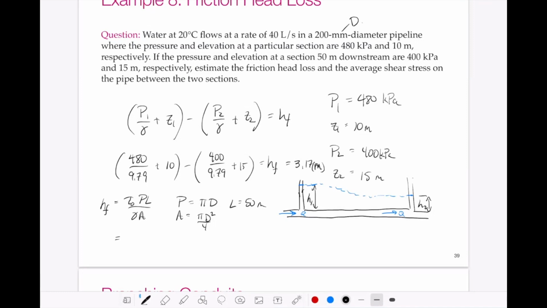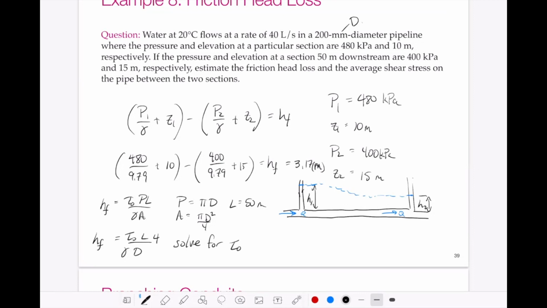So if we substitute this in, we would get tau 0 times L over gamma times D, and this is all over 4, so this top part is multiplied by 4. So we know everything.